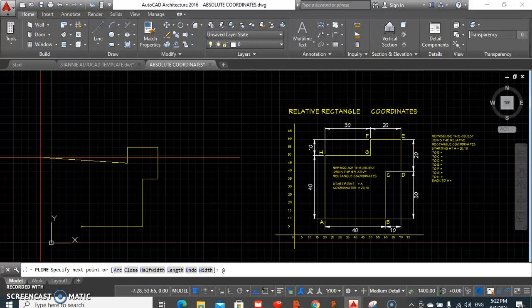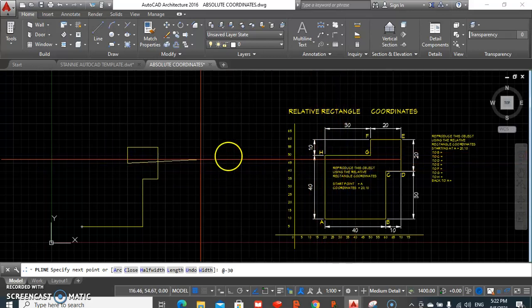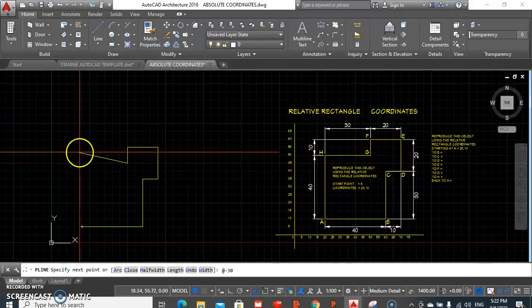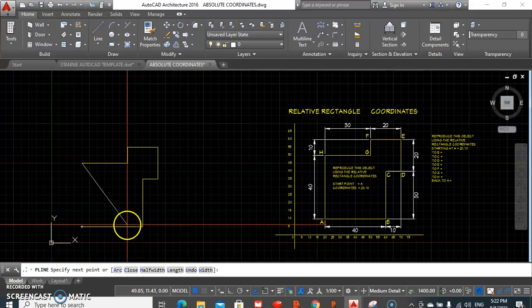So it has to be negative 30. We have no y movements because we are moving perfectly flat. And so that is going to be 0. Enter. We have our line.